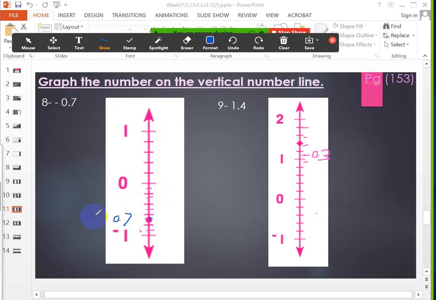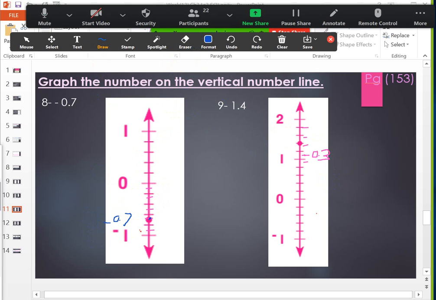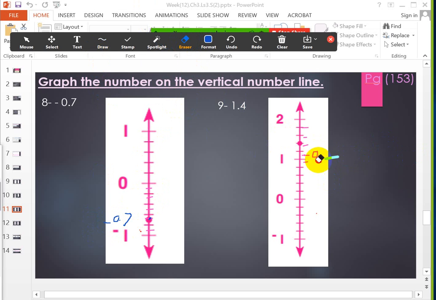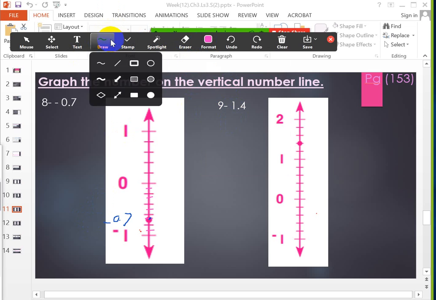Now, what about number 9, 1.4? I want to locate this number on the number line. Of course, this is a decimal number. So, let's see. Yes, Selma, open your mic and tell me. This number will be up or down?